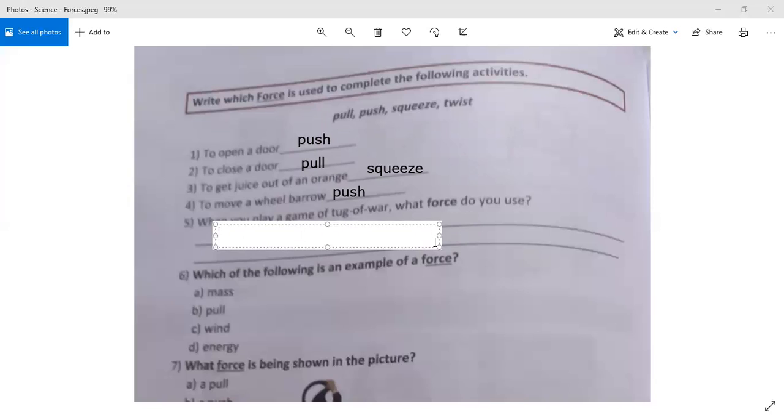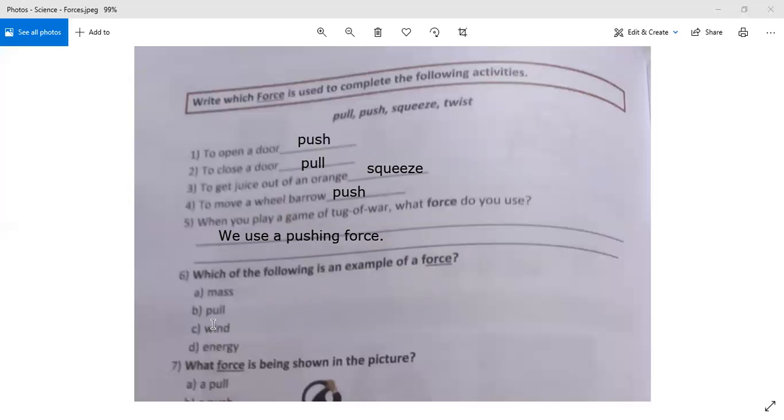Let's go. We use a pulling force. And we put a full stop.